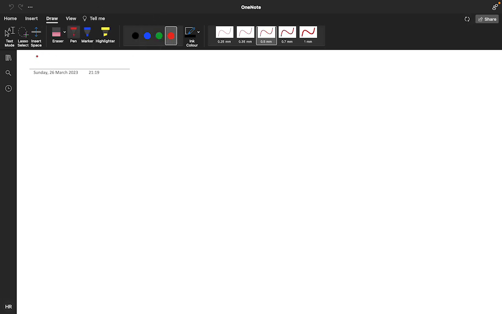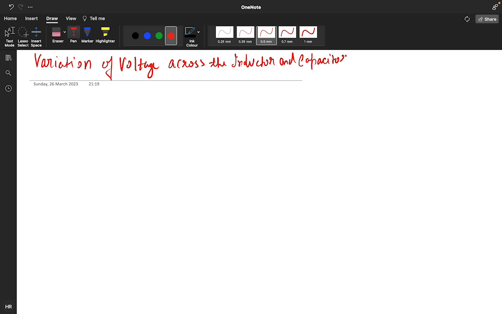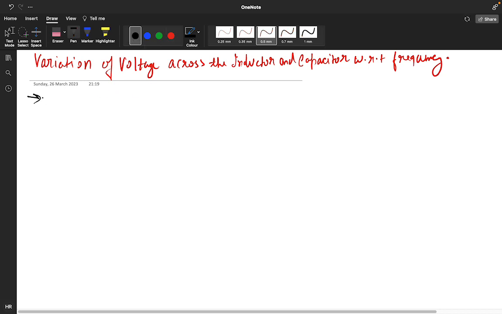First point, the voltage across the inductor, right, like this.